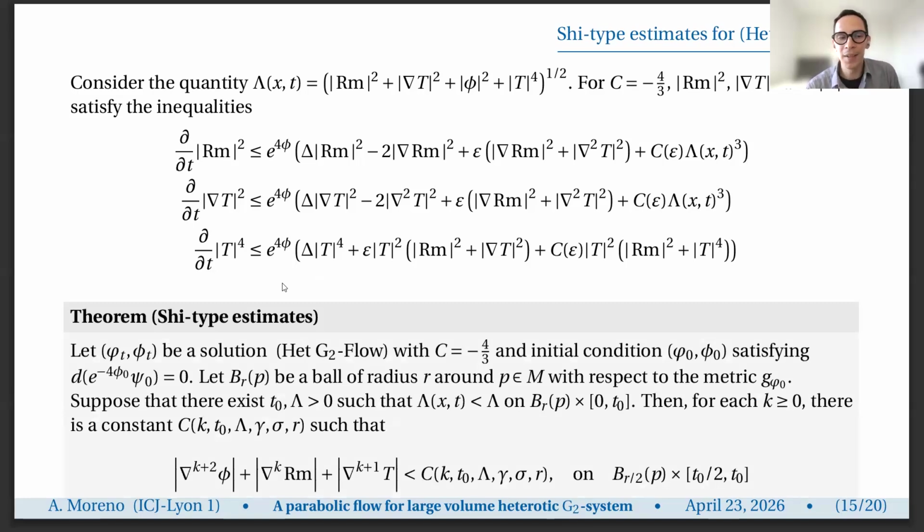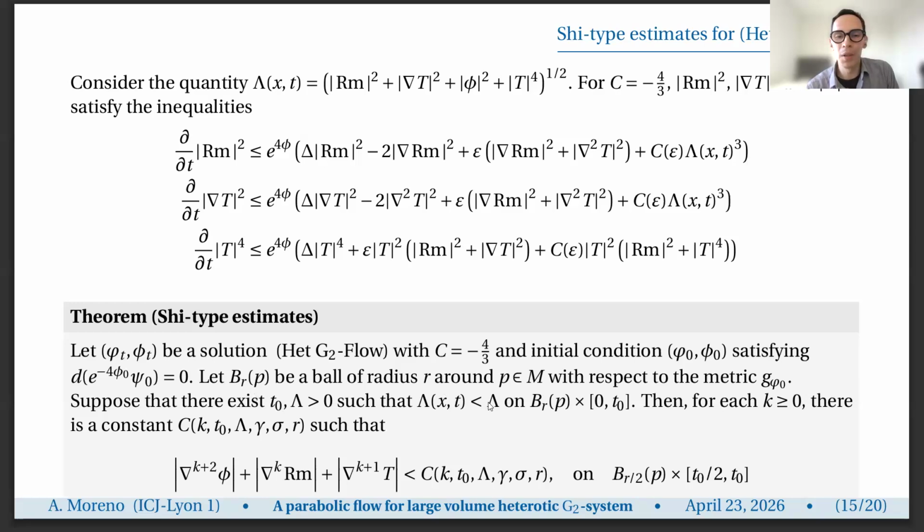Which basically say that if you have a solution for your flow in short time, in this case it's stated in the local Shi type, but it is also true for compact manifolds.